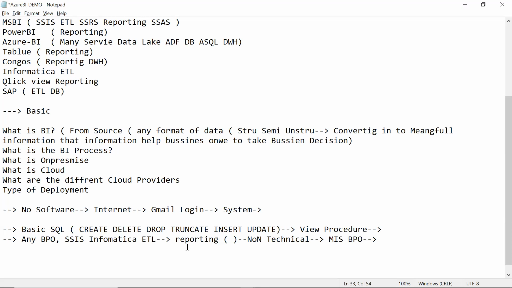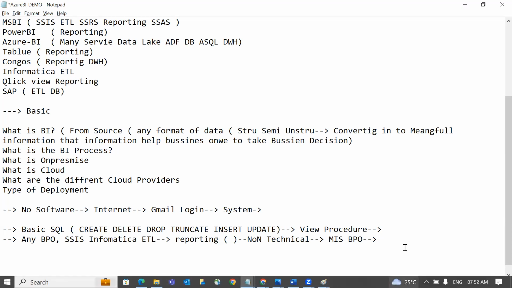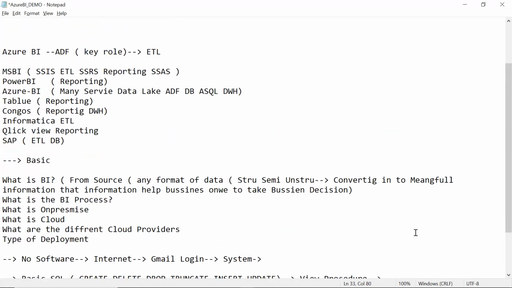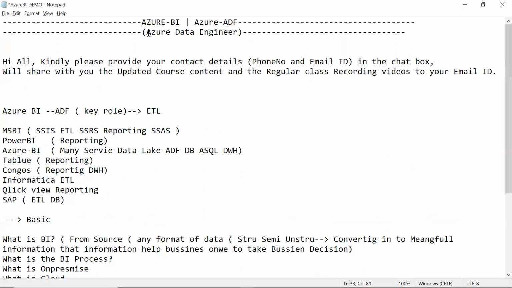There's nothing specific. Even in my 8 to 9 a.m. batch and 9 to 10 a.m. batch, there are corporate students also, working on Data Factory. So our main course is Azure BI, the complete Azure data engineer certification that we have. You can search in Google also.